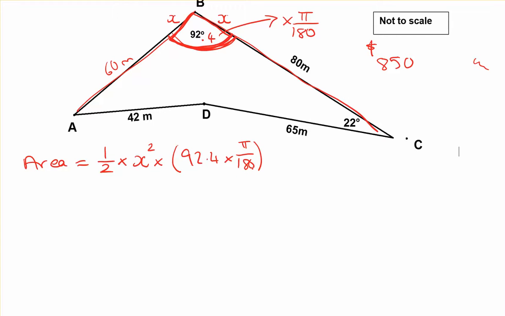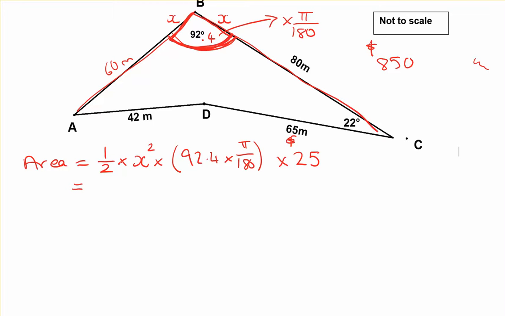And then the cost of the flower bed, once I've worked out the area, it says the flower bed costs $25 a square metre, so we just have to multiply that by 25. And that would give me the cost of filling in the flower bed. It's a dollar sign there. We can make that neater for ourselves by multiplying everything that's a number in there.